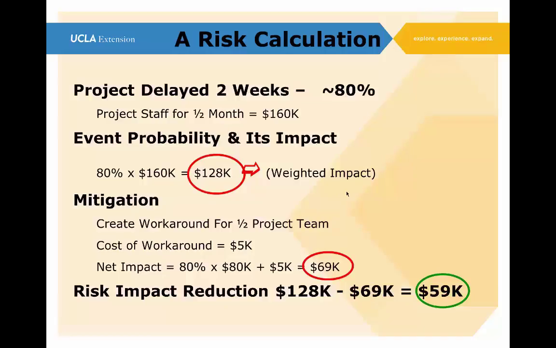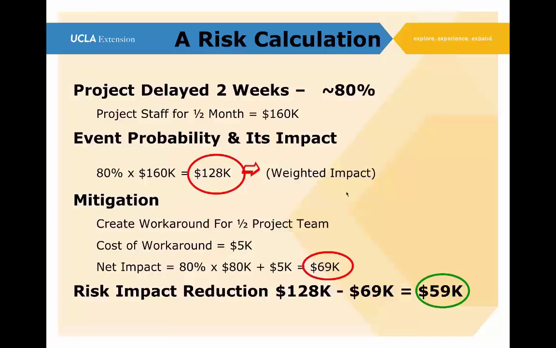That concludes talking about this risk calculation, and I hope that this has cleared up some questions you might have in your head. What we have done is an actual risk analysis.